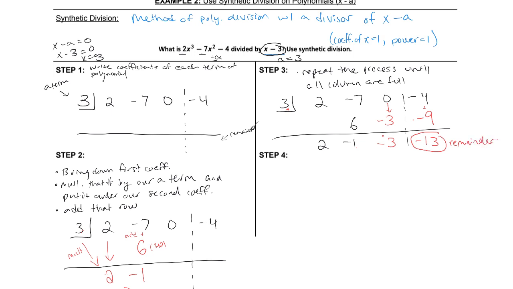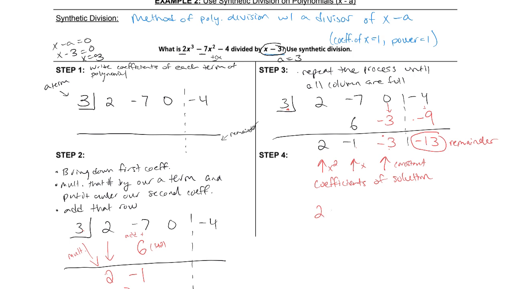And step 4 says these are the coefficients of the solution. So the last one is our constant. This is x, and this would be x squared.